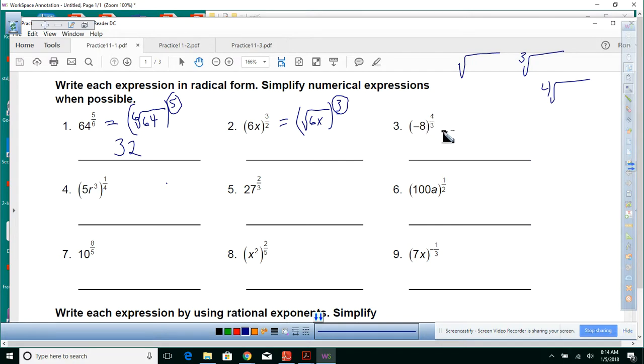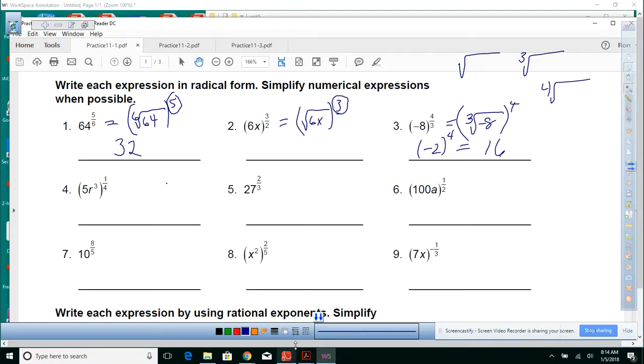Let's take a look at this one here. Now we got the cube root of -8 to the 4th power. Well, the cube root of -8 is -2. So that's going to be -2 to the 4th power, which is 16.